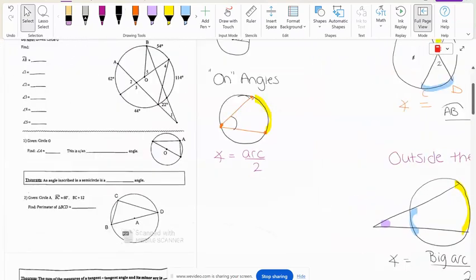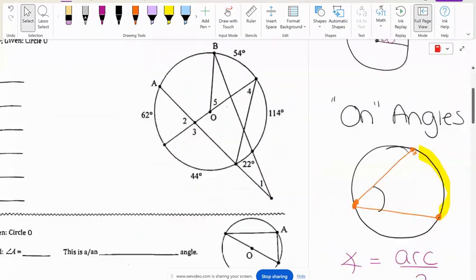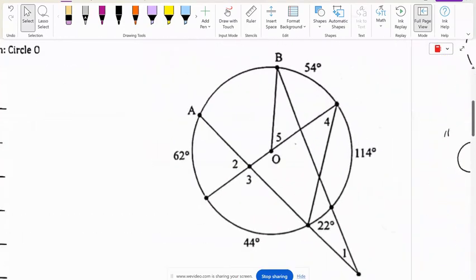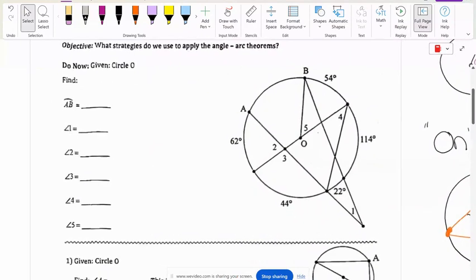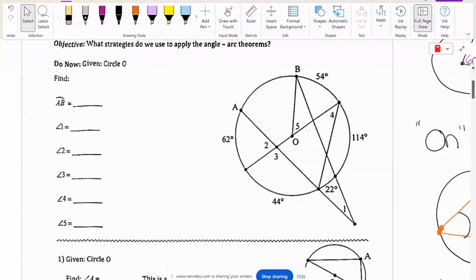All right, so now let's go back to our do now. We're going to use all of these formulas to help us answer all of these questions. So the first thing we want to do is go through our given information. The only thing we're told is that it's circle O. And even though this doesn't seem like a big bit of information, it actually helps us tremendously, because by identifying the center of the circle, knowing that O is the center, I can then identify diameters.